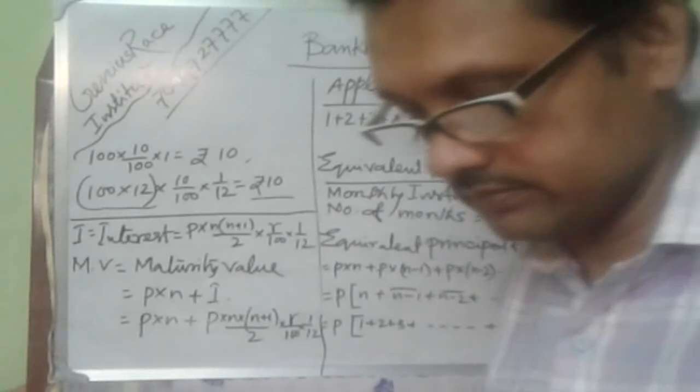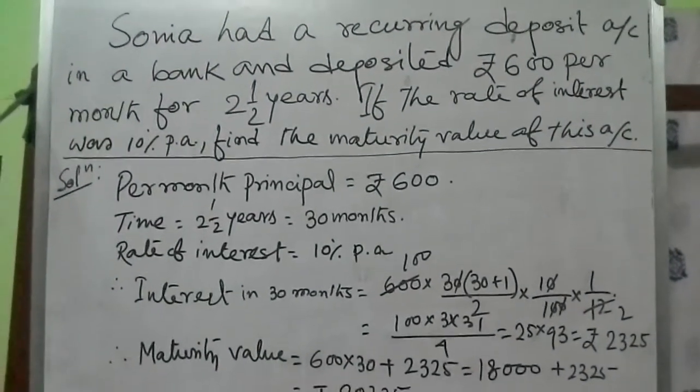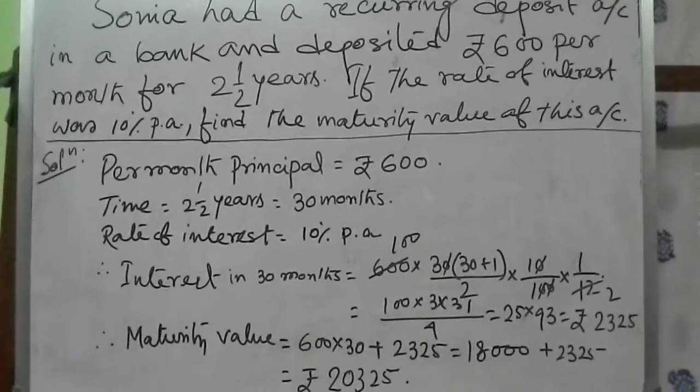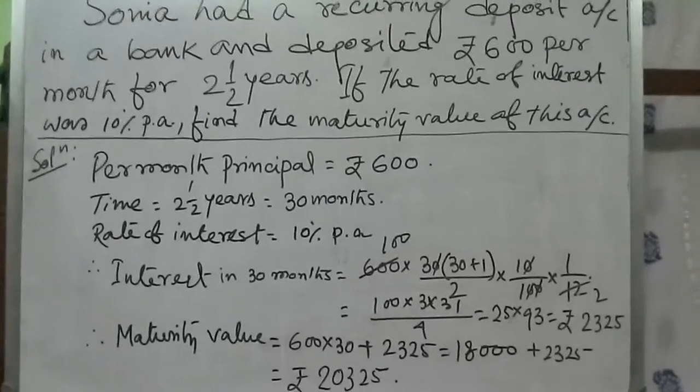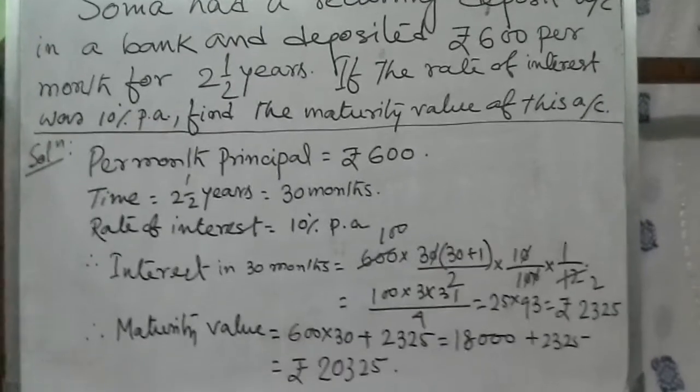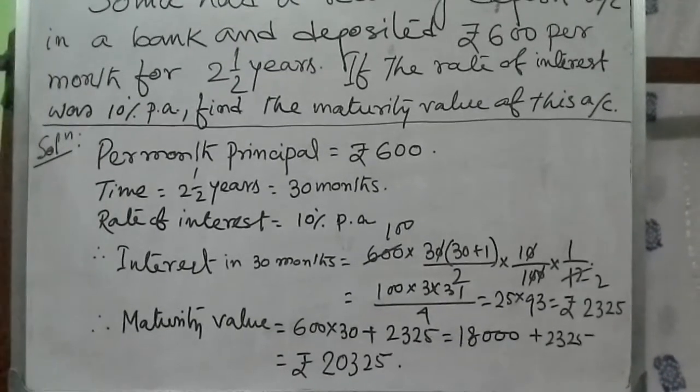Now Sonia had a recurring deposit account in a bank, deposited rupees 600 per month for 2.5 years. If the rate of interest was 10% per annum, we have to find out the maturity value of this account.